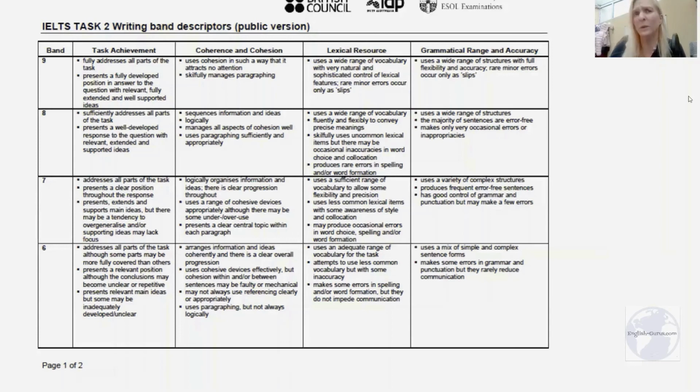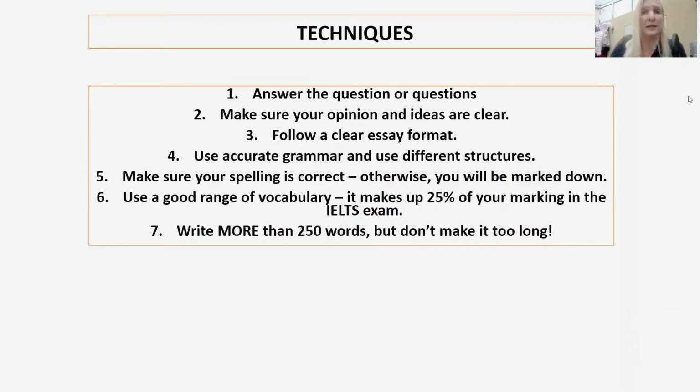When I say complex sentences, beginning to use relative clauses with which, where, although, and if. And to use those in the correct way. So answer the questions in your essay, answer them fully to get task achievement. Make sure that your opinion is really clear to the reader, that you have one opinion, not diverging opinions.